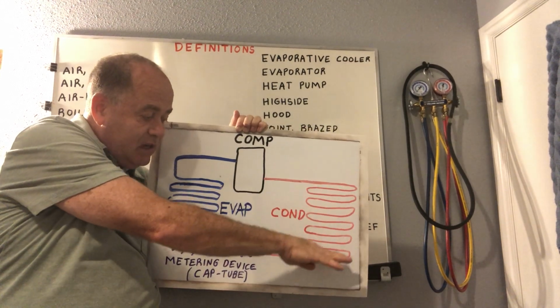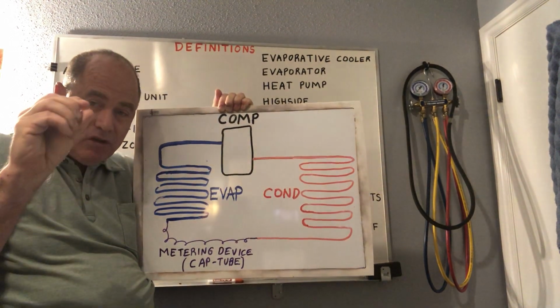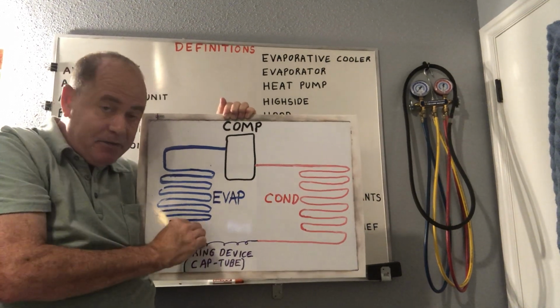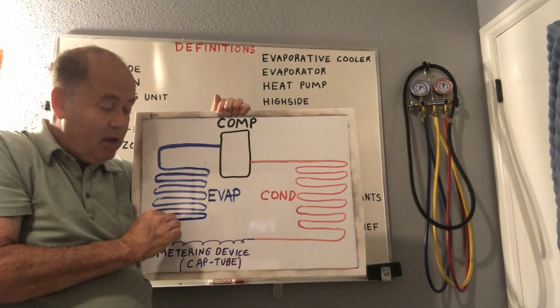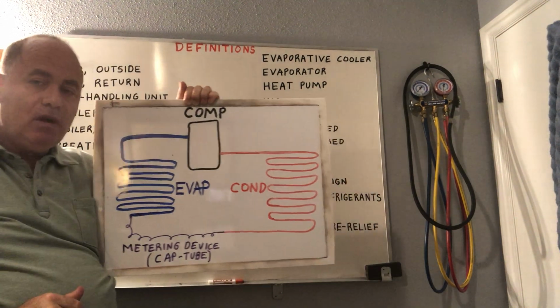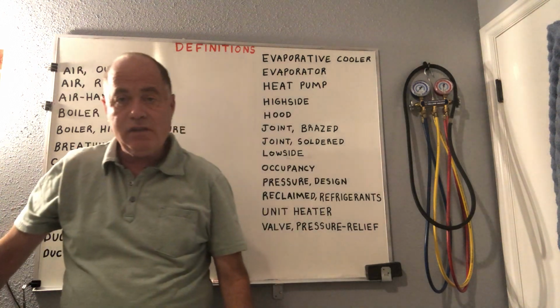And once it totally condenses into a liquid, it goes into a metering device where it's metered down. It goes through a tiny orifice. We've already gotten the heat off of it, and it drops the pressure and the temperature and it keeps going around again. Quick one time. If you're taking my other classes, certainly we go over this quite a bit more.